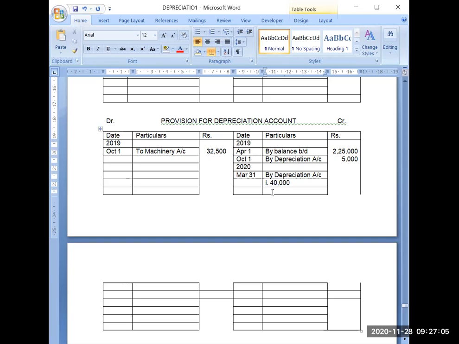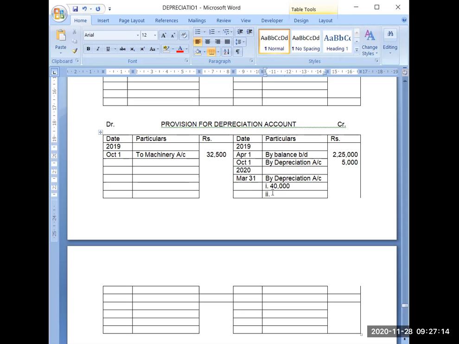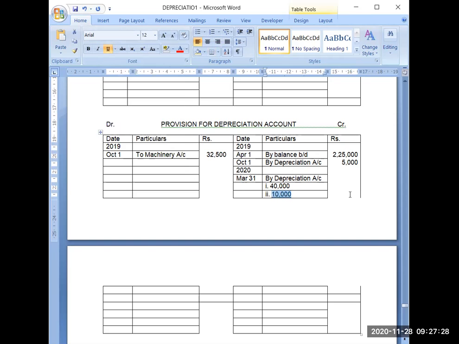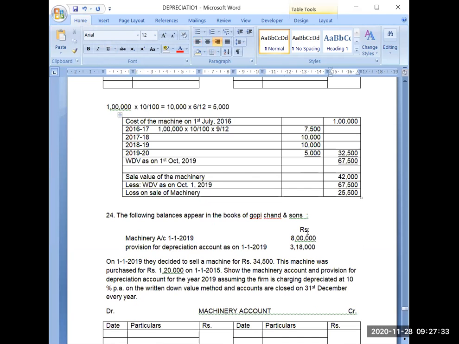And then second machinery is of rupees 2 lakh. So the full year depreciation will be 20,000. But because we have used it from October 1 only, that's why half depreciation will be charged, that is 10,000. We will show it in working notes also, how we have calculated the depreciation. For both of the depreciation, the working note should be given, 50,000.